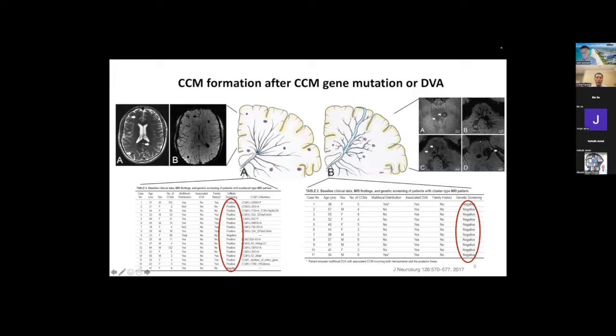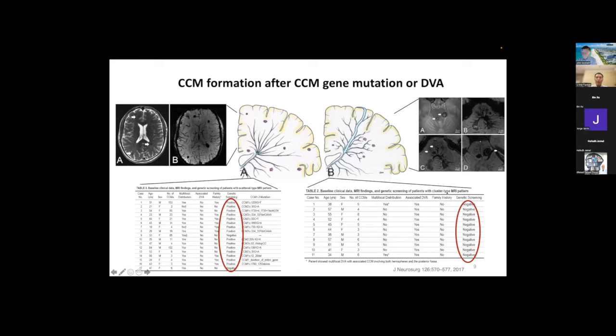One is called the scattered type, just like the imaging shown here. The lesions of the CCM are somewhat random and not associated with venous anomaly. And these cases were identified with the CCM gene mutation with very few exceptions. Another type of multiple CCM is called the cluster type.